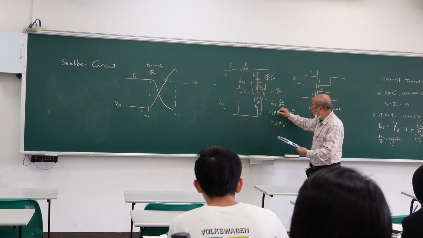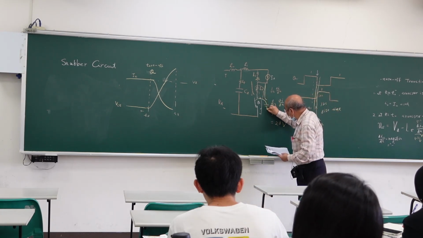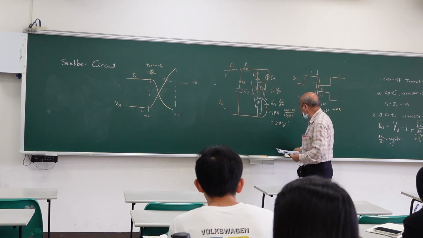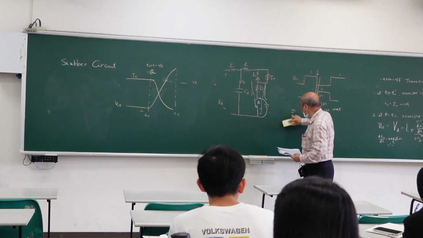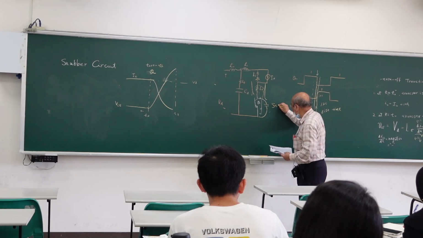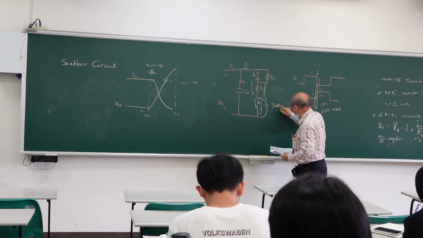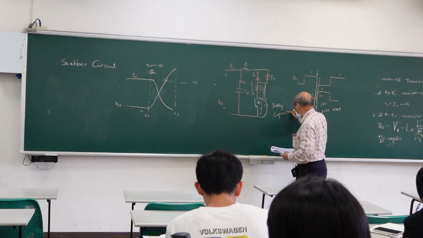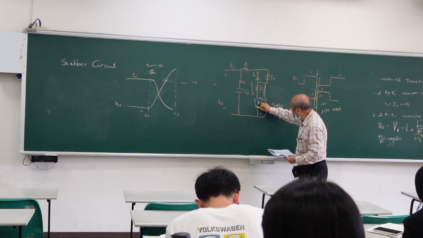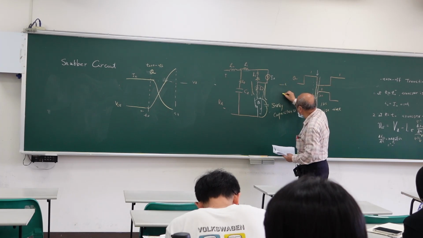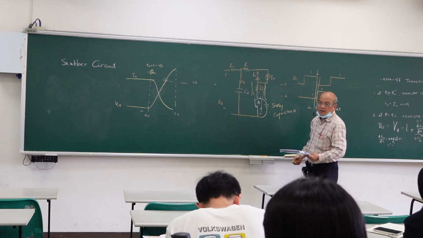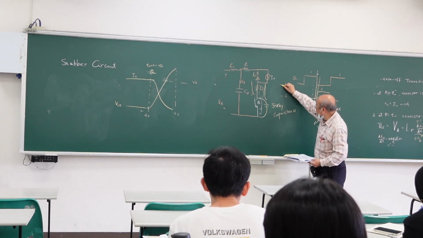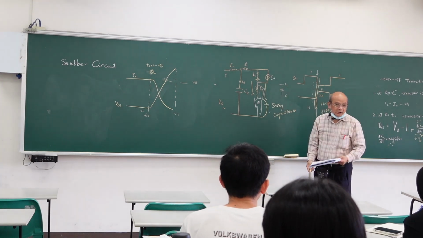And then you have a small capacitor here. We call this the stray capacitor. Because you have the collector and the emitter, you have 2 lines, and then we have a small capacitor here.